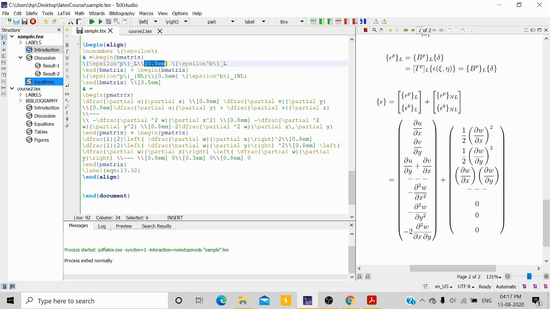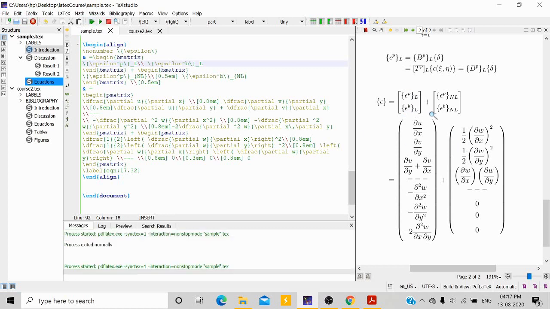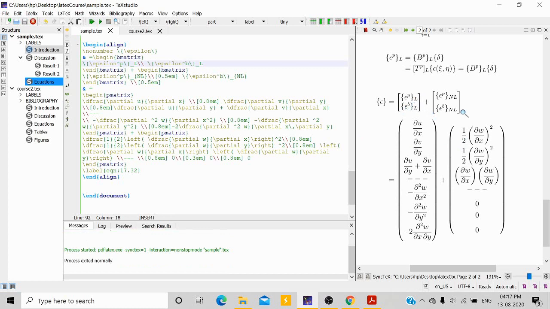If I remove this, you see what the difference is. After writing this command, when I put the next line to write epsilon bl, I used 0.5 em. You see the space here, and here you see the space. The space between them is reduced. Sometimes, because these are very big terms, you need space between them too.